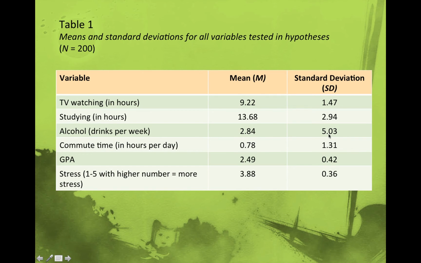So when you have a 5.03 standard deviation, the range is much larger than, say, a 0.36 like we do with stress, where the range is much smaller. The variables are not spread out as much. And we do have to report it. Anytime you report a mean, you have to report the standard deviation as well.